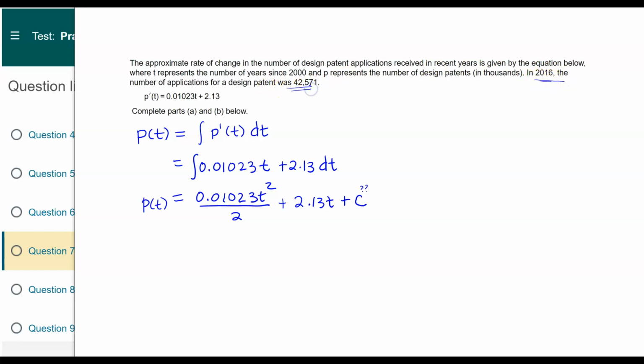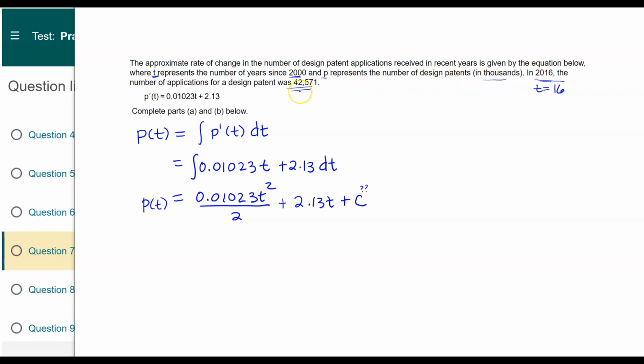Now we have to be careful at this point. It says in 2016, so that is not our t, because t represents the number of years since 2000. So when you say 2016, that implies that t is equal to 16. And also P represents the number of design patents in thousands.